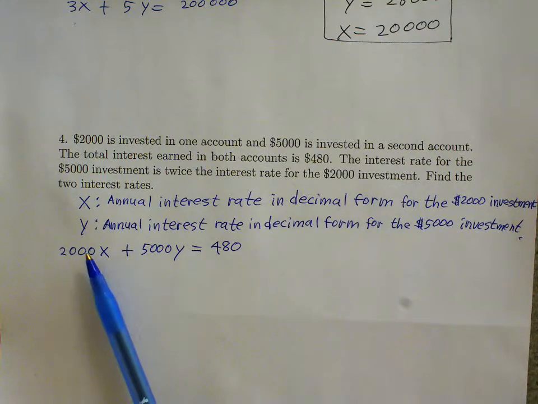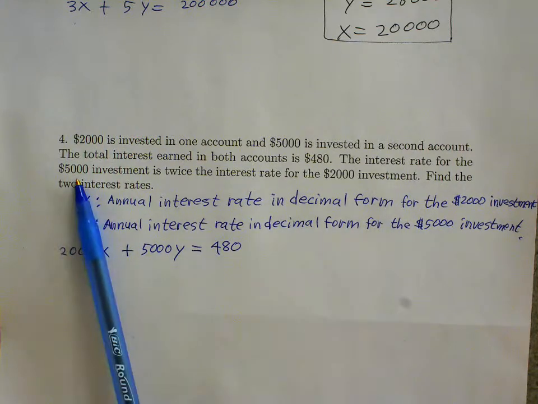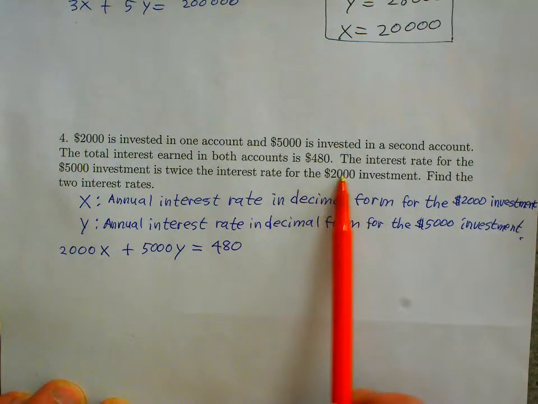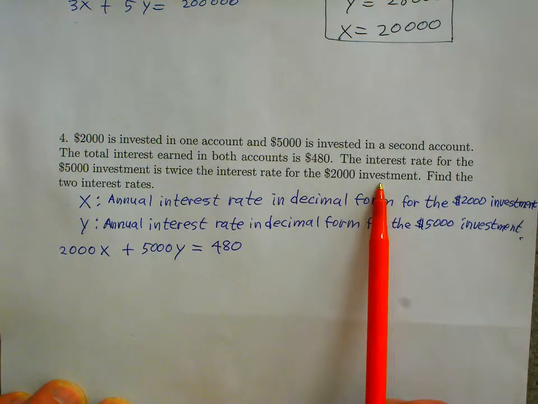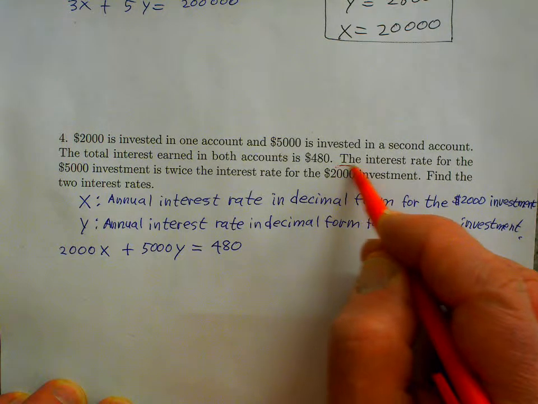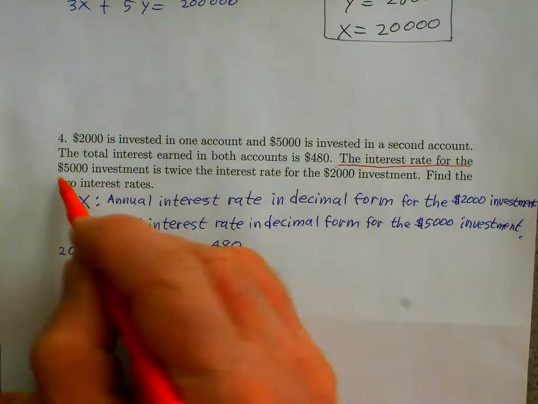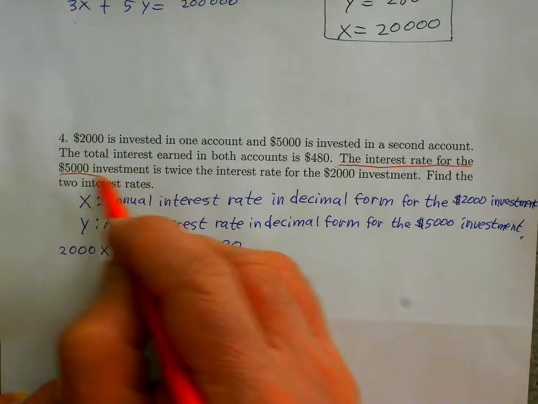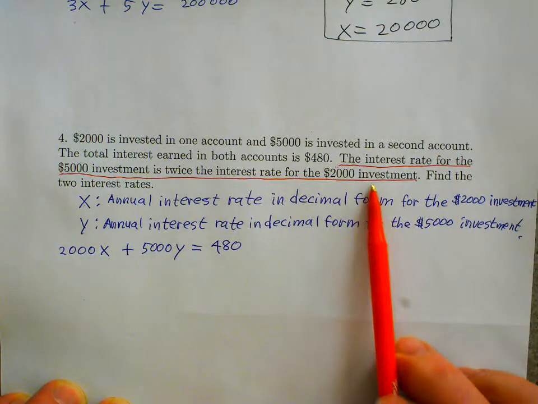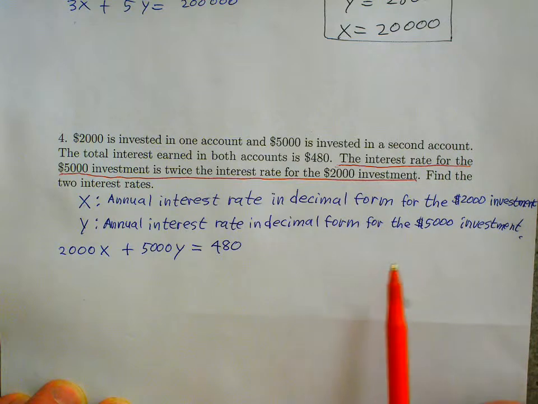We're using Y to represent the interest rate for the $5,000 investment, and X for the $2,000 investment. So we can do a partial translation of that sentence using our variable assignments.